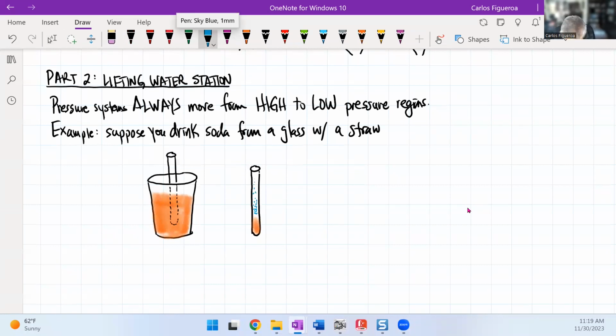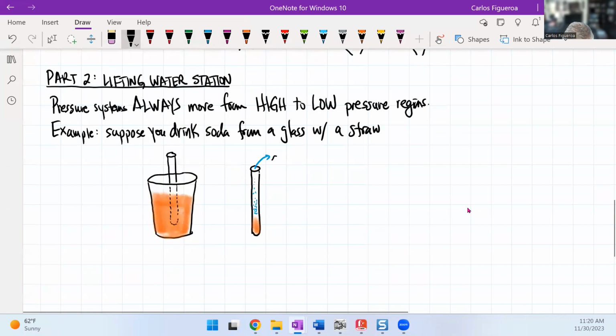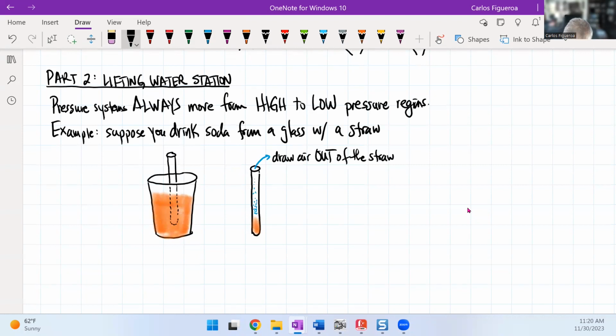And what you're going to do here is you're going to pull, right? You're going to draw air out of the straw. And down at the bottom of the glass is a high pressure.